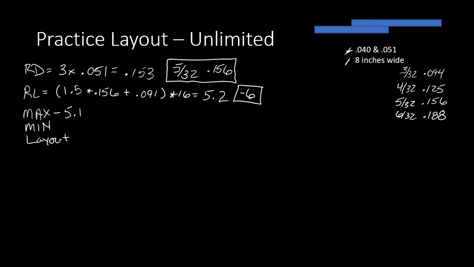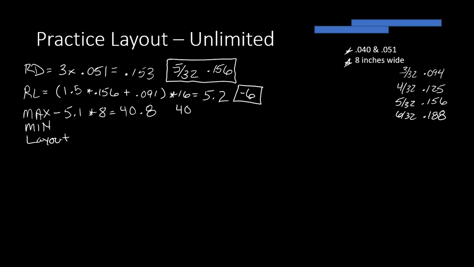It says it's 8 inches wide that I'm going to pitch across, so I'm going to multiply that by 8. And I already know what I get, but 5.1 times 8 equals 40.8. So I can't go up to 41 rivets. My max number of rivets is going to be 40.